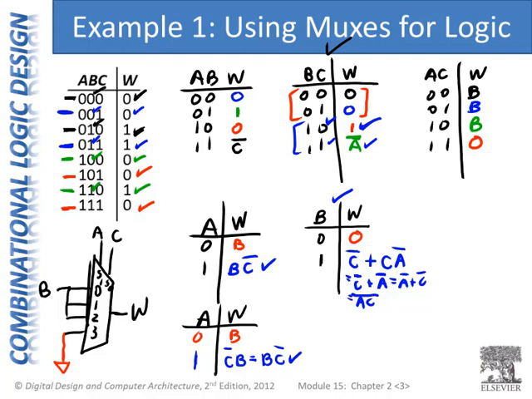So we could have gotten the same result from this table. Let's just do that for example. So we have B again on our select line, 0 and 1. So B is 0 in this row and this row. So independent of A, the output's going to be 0.